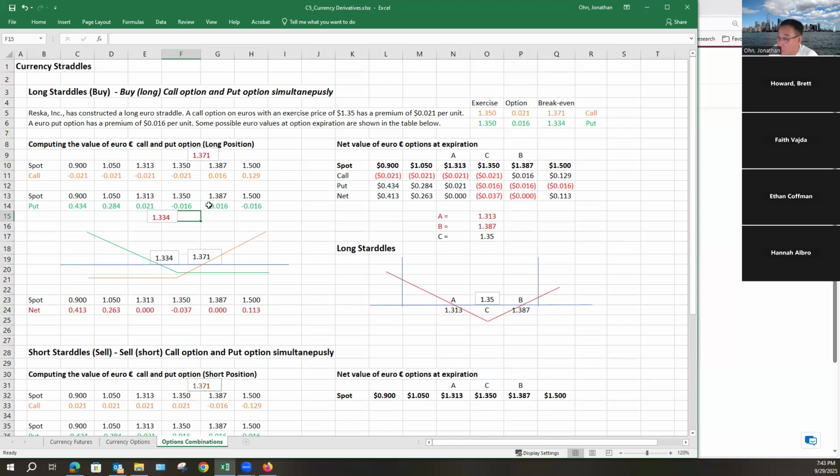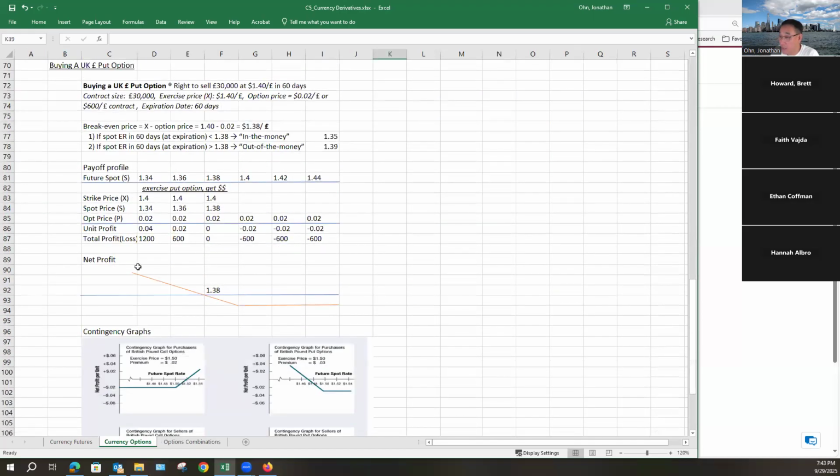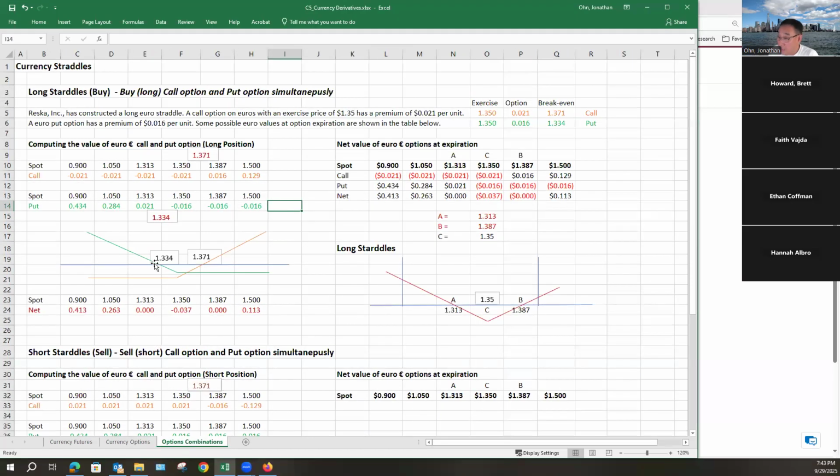If you show the net profit schedule graphically, it shows this way, right? Exactly as we did here. This shape is around the break-even point, 1.371.